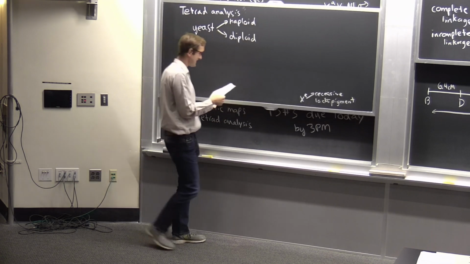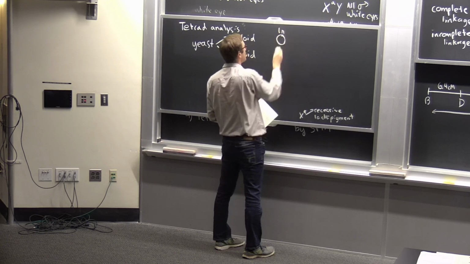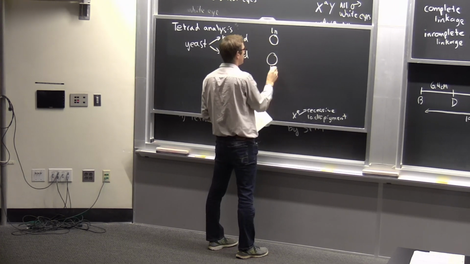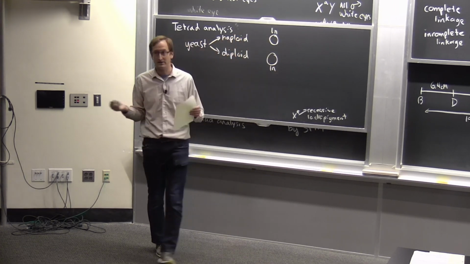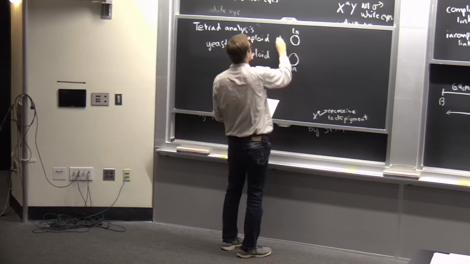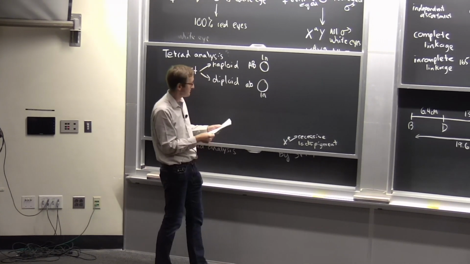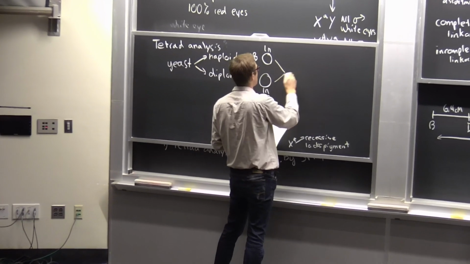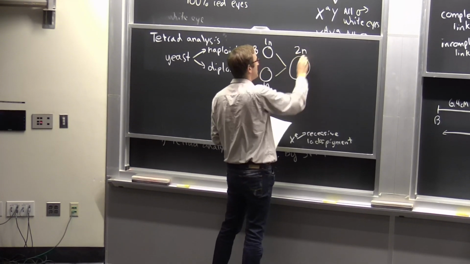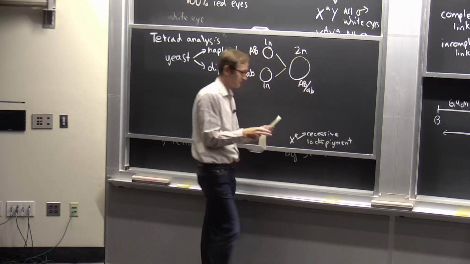And so you can take yeast, and we'll take two haploid yeast cells. And much like gametes, these can fuse to form a zygote. So in this case, again, we'll consider two generic genes, A and B, and we'll make a diploid yeast cell that is heterozygous or hybrid for A and B.